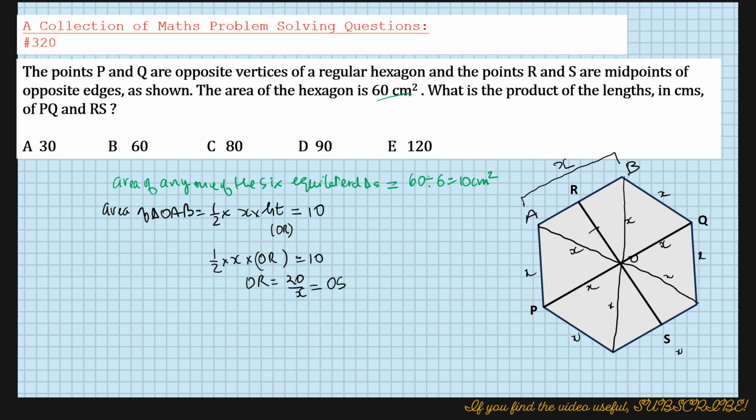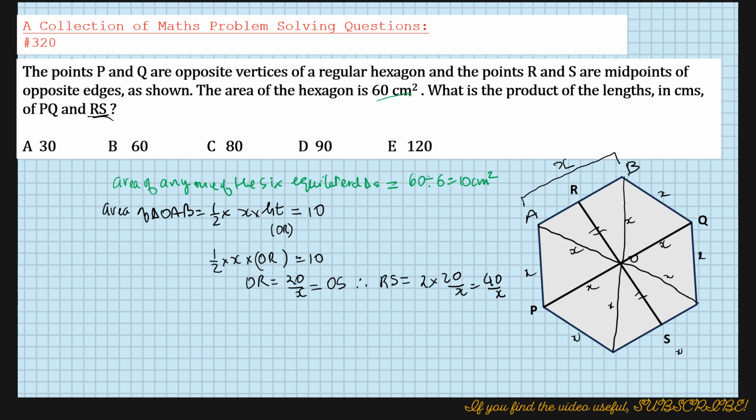See, OR equals OS. So therefore you can say RS, which is a requirement here, equals twice OR, so twice 20 over x, and that is 40 over x. So we got what RS is.